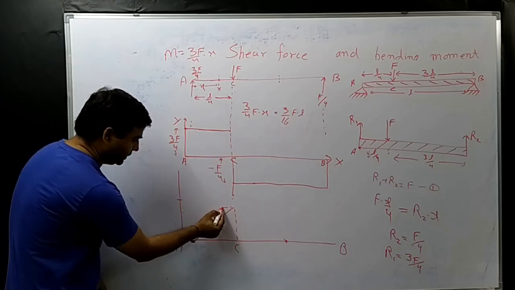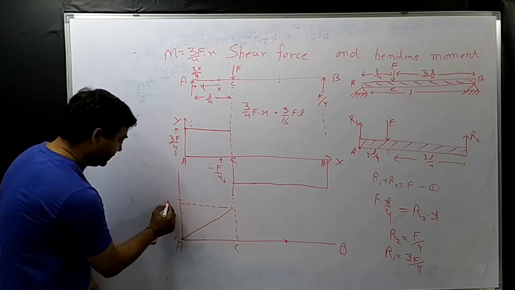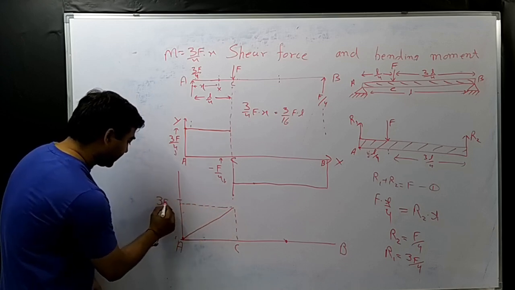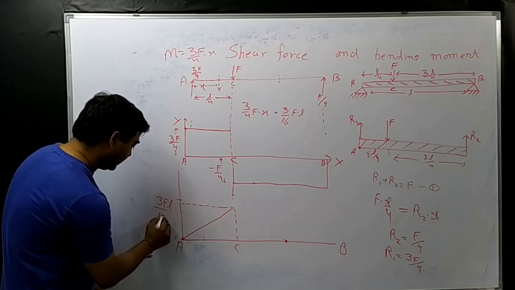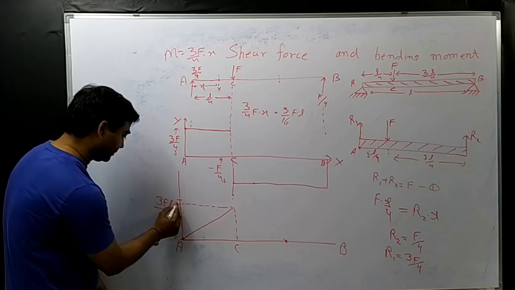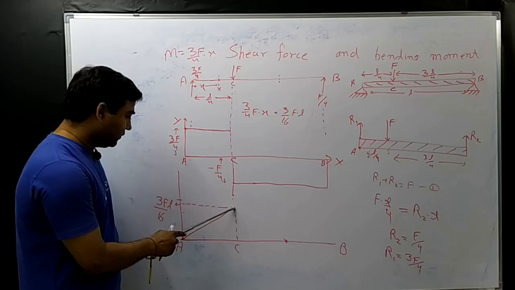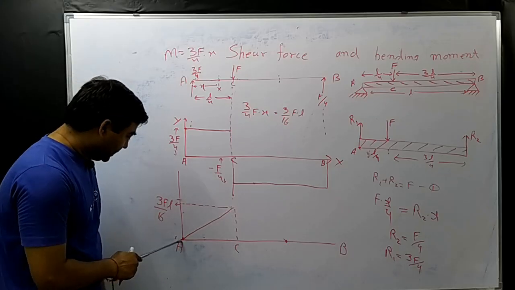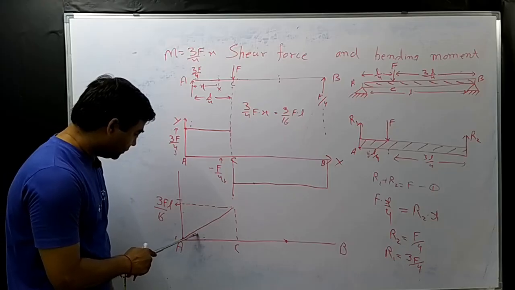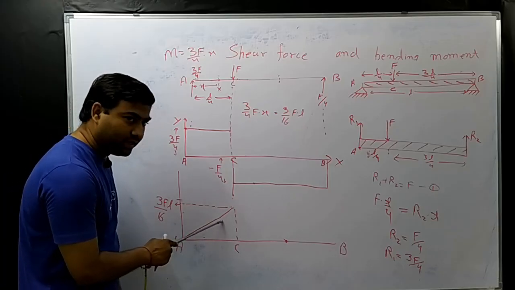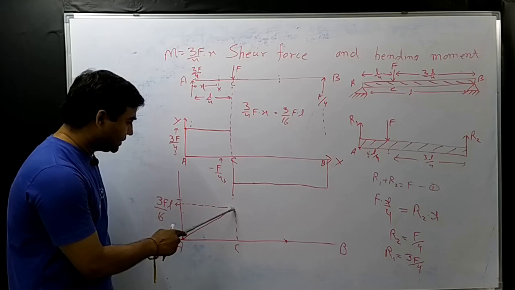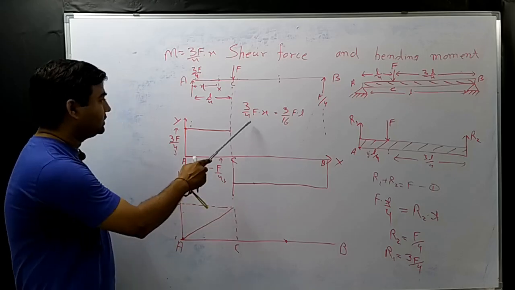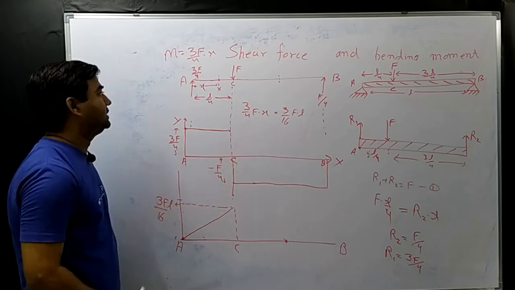So at point C, it will increase up to 3 FL by 16. This is the value of bending moment at point C. It is increasing from 0 with increasing distance from A and reaches the maximum value at point C, which is equal to 3 FL by 16.